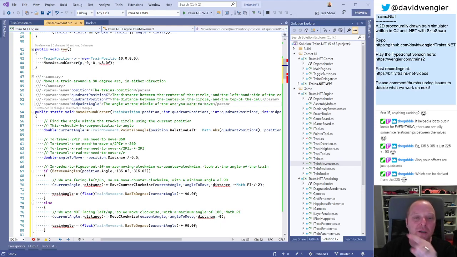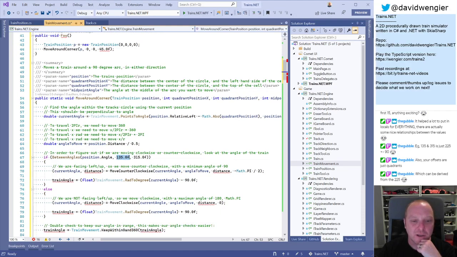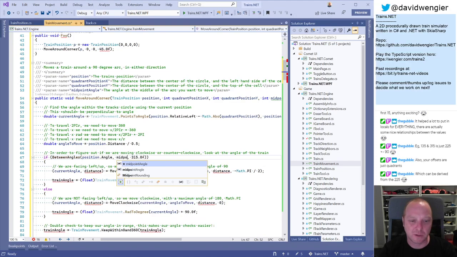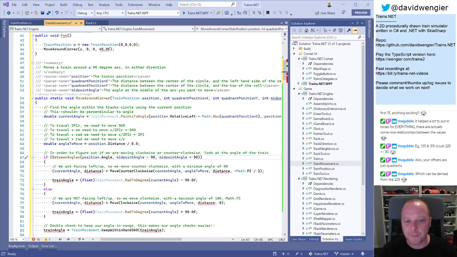Does this only work in arbitrary arcs? Okay, and so then this is midpoint minus 45, 90, and midpoint plus 90. But I'm not sure about that.